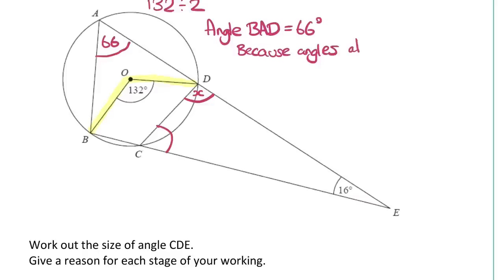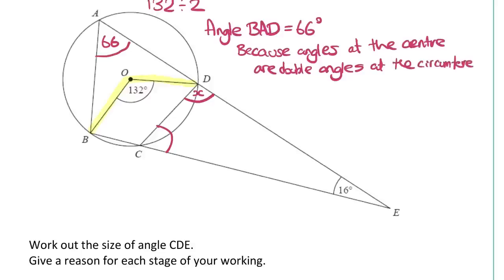So because angles at the centre, there you go, are double angles at the circumference. There we go. Happy with that. It's labelled next to my working, next to the angle that I've written in.